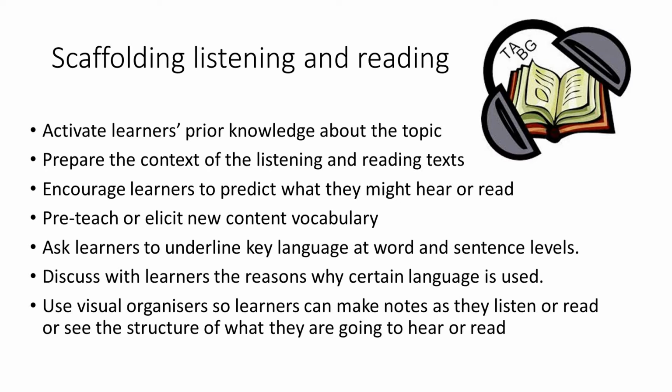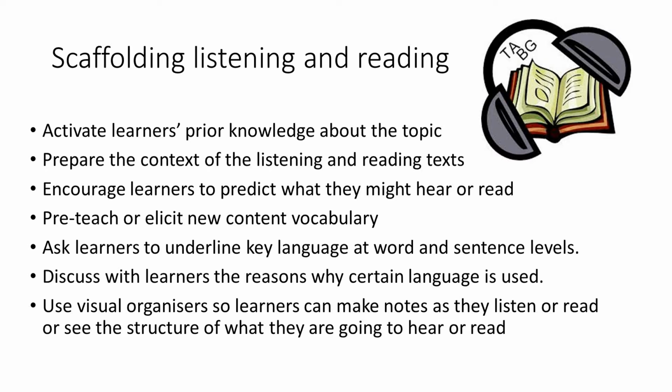For example, if our reading text is about effects of fast food, we can prepare the context by showing them a short video clip about the fast food industry, or maybe an advertisement about a kind of fast food.